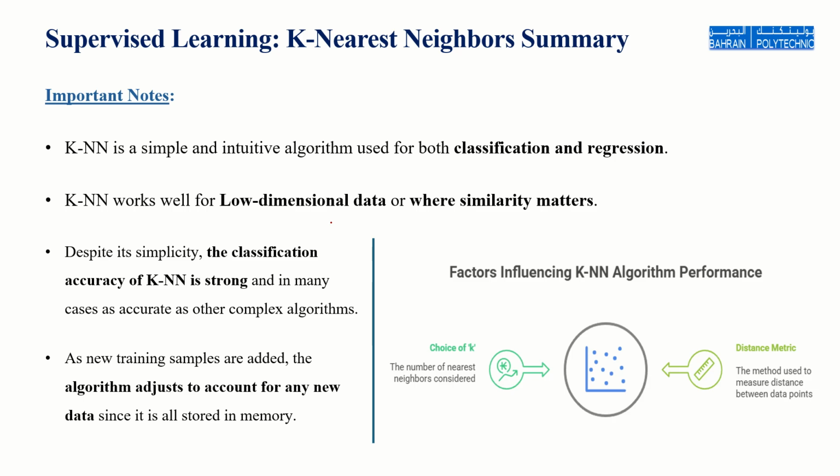But if the k value is even, there is a higher chance that we will end up in a tie. So this is nothing but your k nearest neighbor algorithm, also called KNN. KNN can be used for both classification and regression, and it works well for low dimensional data where similarity matters.